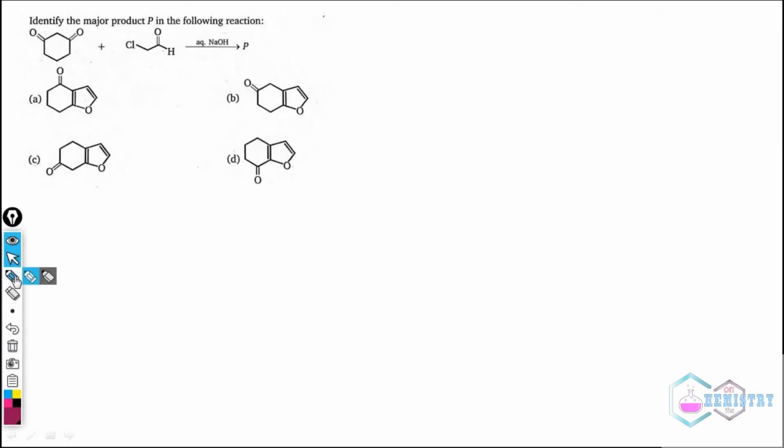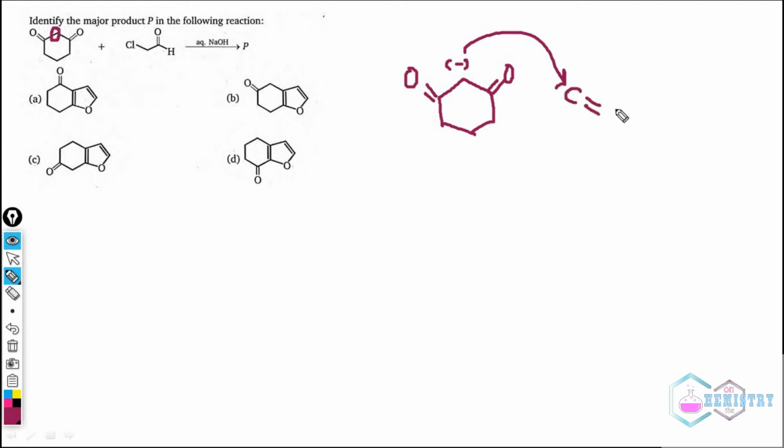Now this problem is easy or somewhat tricky. What happens is basically a base will abstract the most acidic hydrogen, which is this one. So this negative ion will form and this will attack. Will this attack this hydrogen?